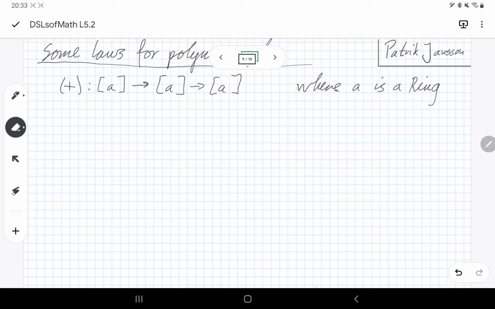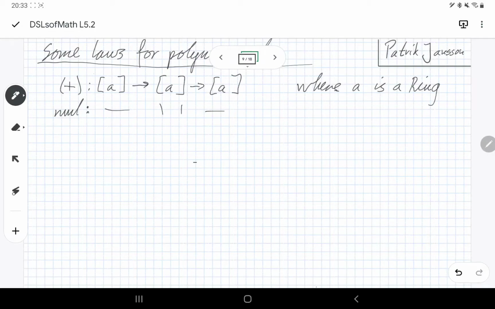So normally it will be real numbers, but actually more generally the type A could be something else. Multiplication, which I will write with mul here, just to be extra clear, it will also have the same type.